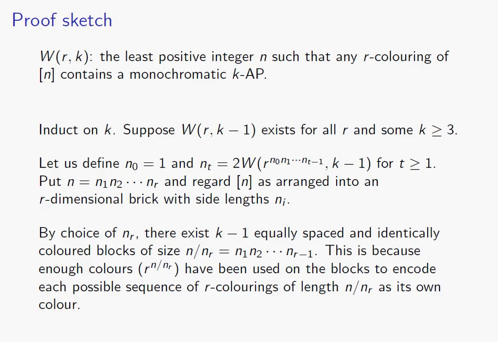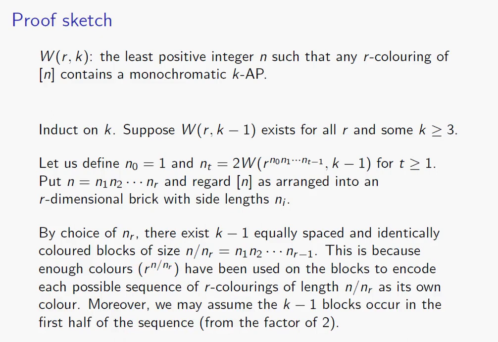That's because enough colors, namely r to the product n1 up to n sub r minus 1, or r to the n over n sub r, have been used on the blocks to encode each possible sequence of r colorings, of which there are that many, as its own color. So we'll re-encode sequences of colorings that occur in the blocks as entirely new colors.